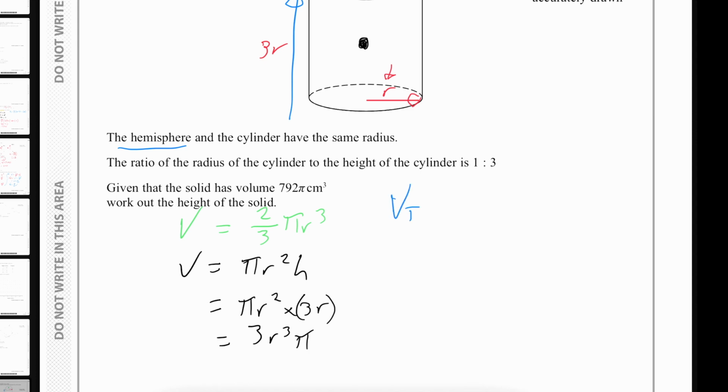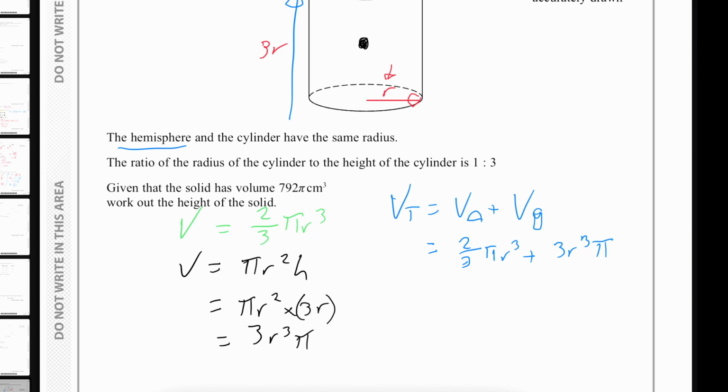And now I'm going to just work out my total volume. So my total volume is equal to the volume of my sphere plus the volume of my cylinder. So that is 2/3 pi r cubed plus 3r cubed pi.